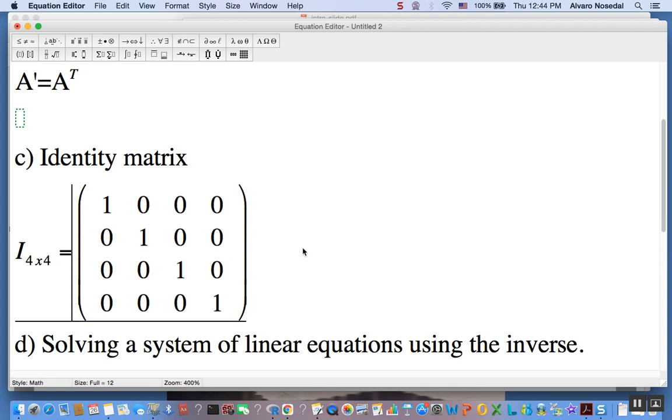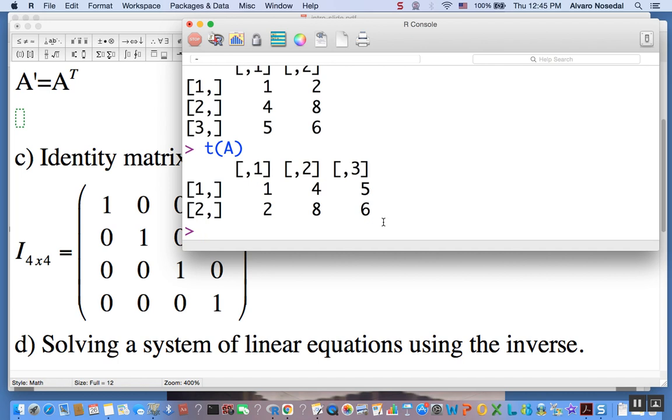It's clearly a 4x4 identity matrix. So how do we create that 4x4 identity matrix?